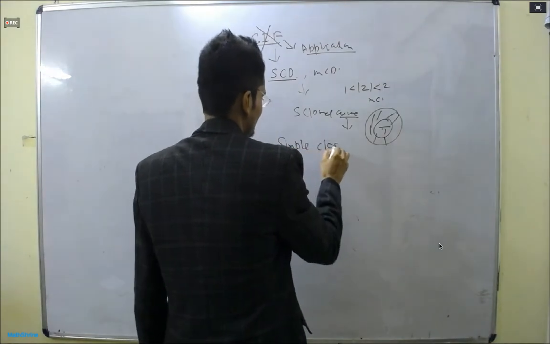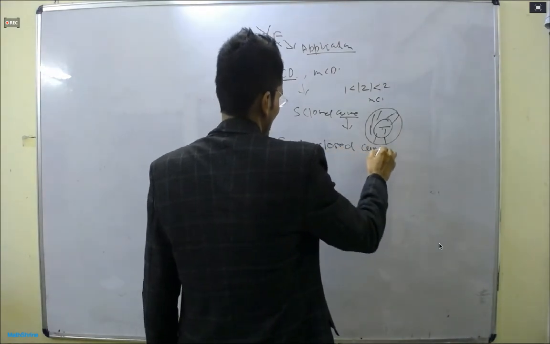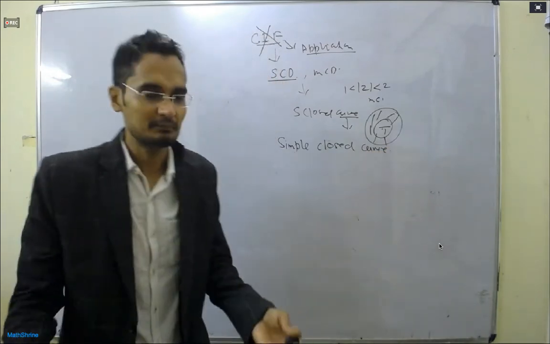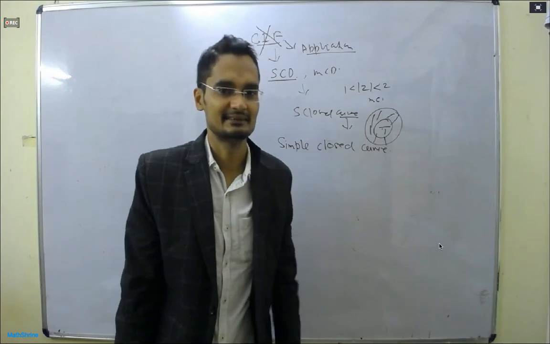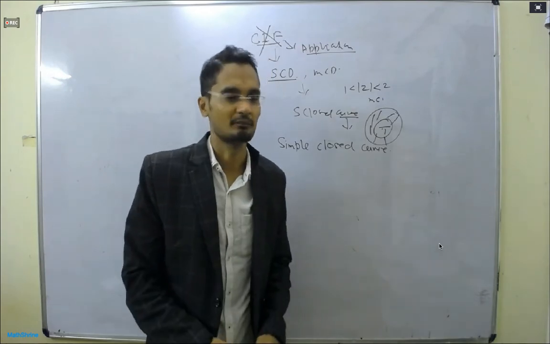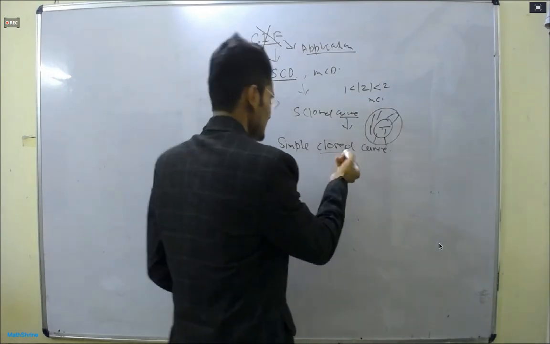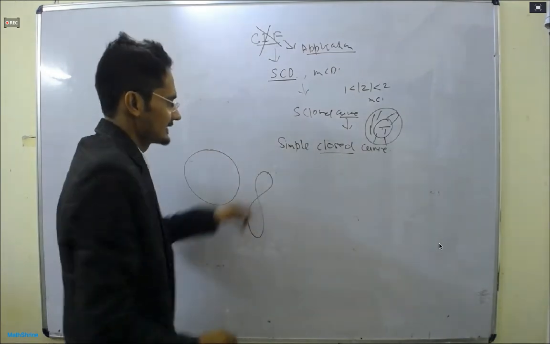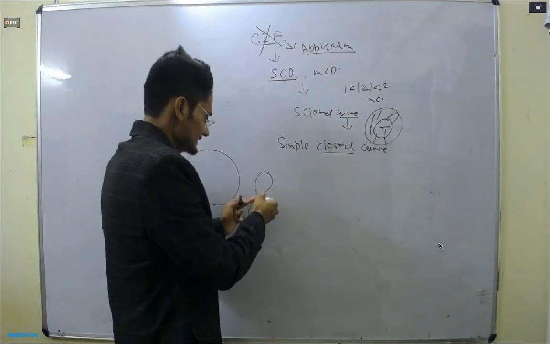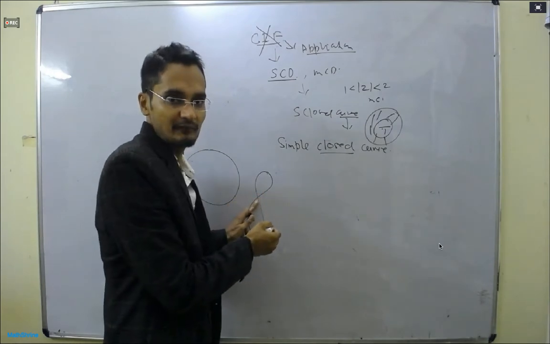What is a curve? Closed we know. Closed means once it starts, it should end. Simple means it should not cut itself, right? There should not be any intersection. So this is simple but not closed. Now this is simple and closed both.